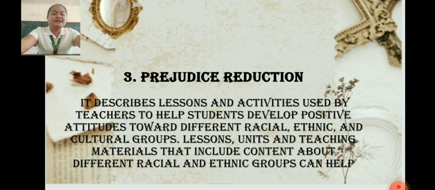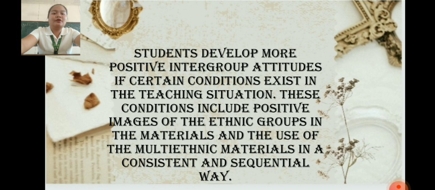Lessons, units, and teaching materials that include content about different racial and ethnic groups can help students develop more positive intergroup attitudes if certain conditions exist in the teaching situation. These conditions include positive images of the ethnic groups in the materials and the use of multi-ethnic materials in a consistent and sequential way.